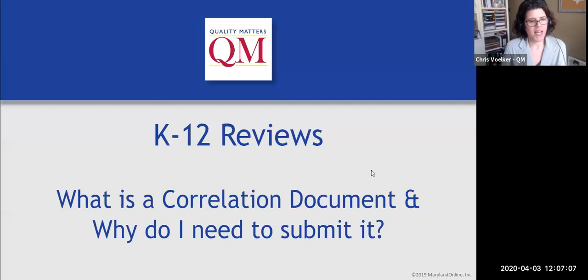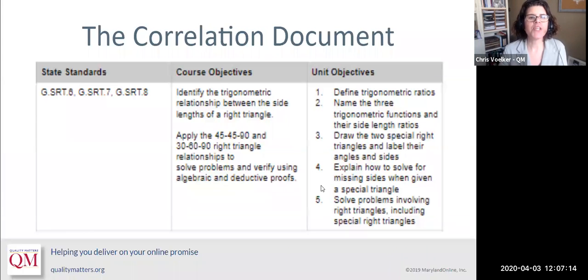Now, the next question I get is, what is a correlation document and why do I even need to submit it? The correlation document is a document that shows the state standards, then shows the relationship or the correlation between the state standards, the course objectives, and then the unit objectives.